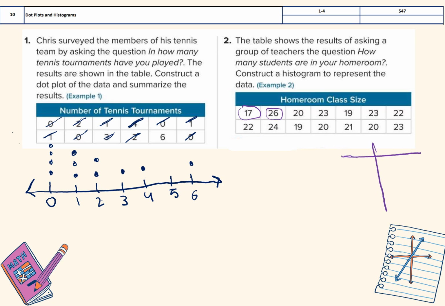So I'm going to make subgroups or categories. The first category is going to start from, let's say, because I have the smallest value, which is 17, let's say from 15 till 17. And then after 17 we have 19, and you need to move 2 steps, so from 19 till 21.